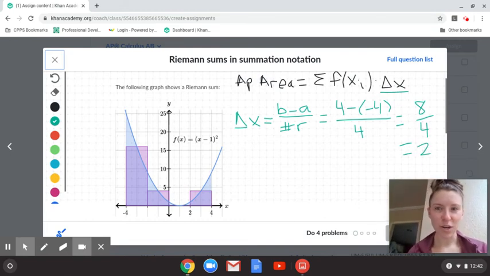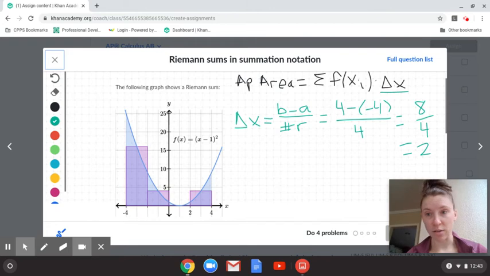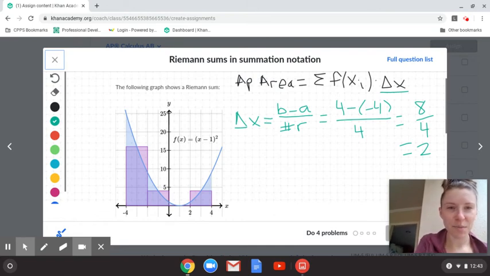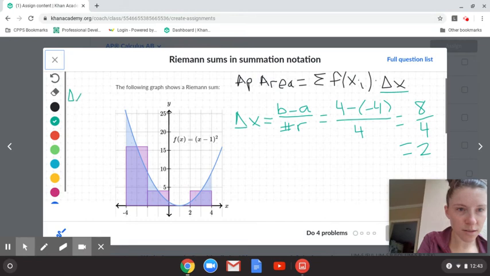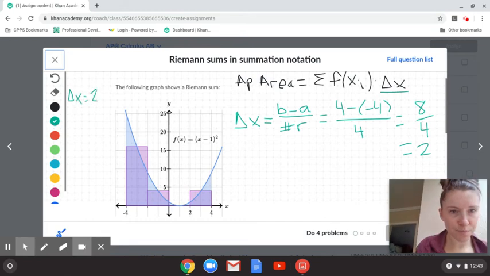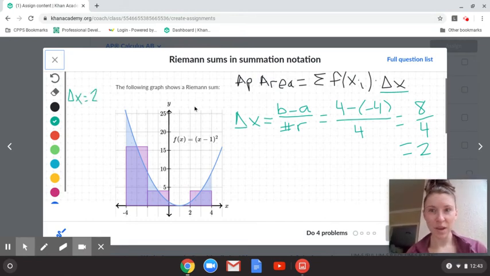Cool. So our width of each rectangle is going to be 2. As you can see on the picture, it is 2, but now we know for sure. All right, so I'm going to write it over here just in case we have to erase some stuff. Delta x equals 2. Okay, so we got that part down.